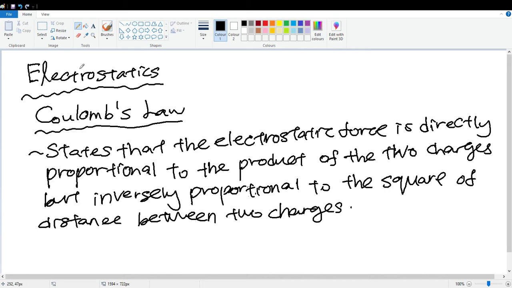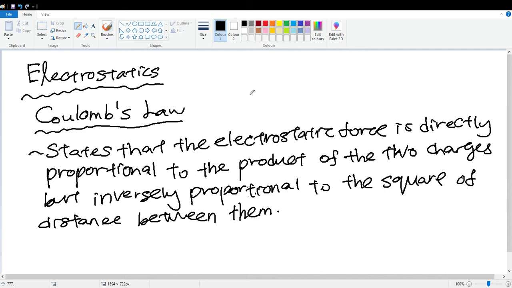Or we can say the square of the distance between them. We can use this as the simplified sentence. Alright, so this is the definition of Coulomb's law.